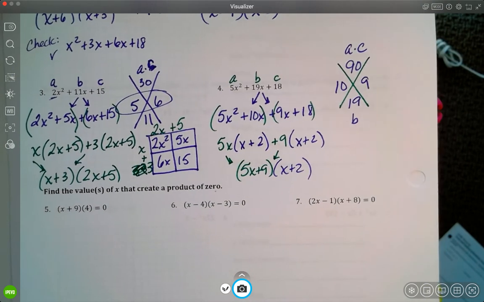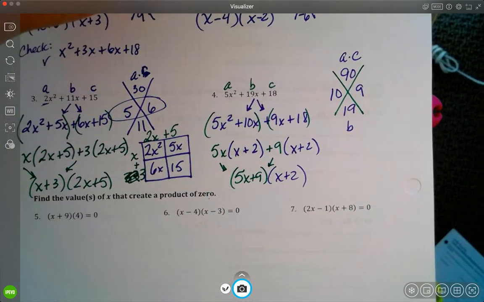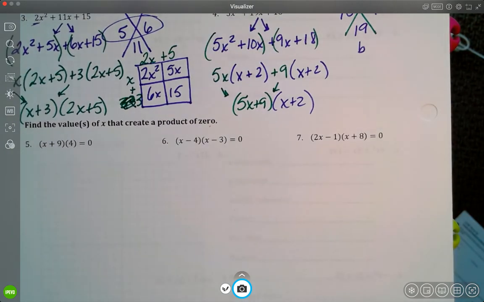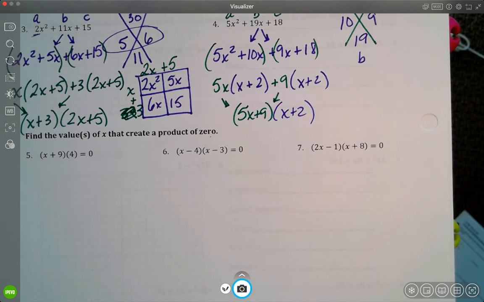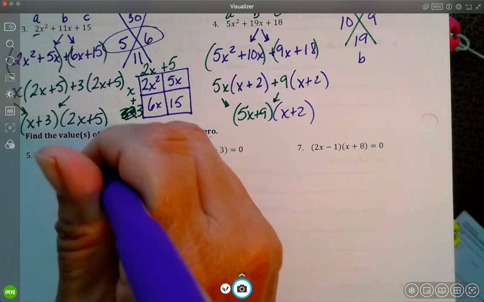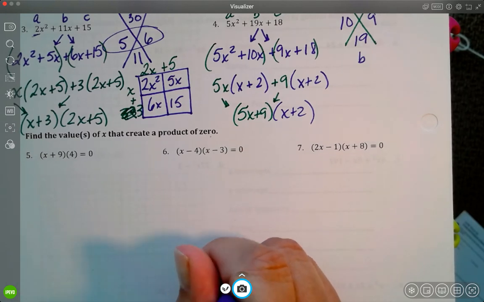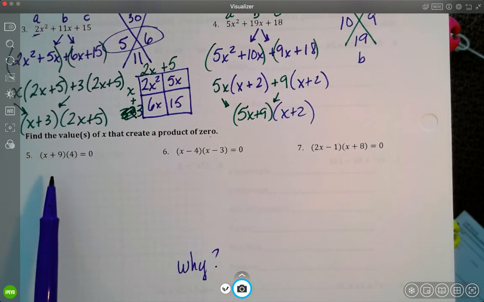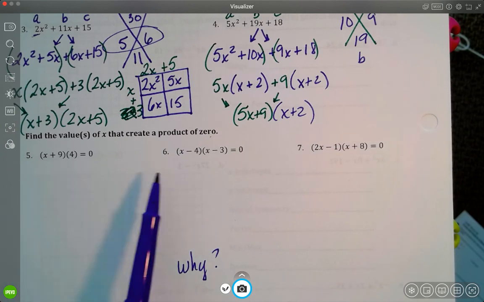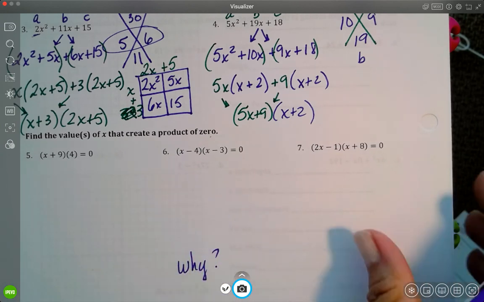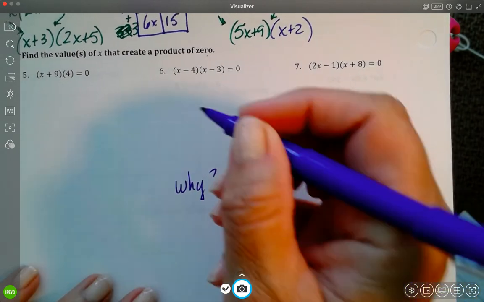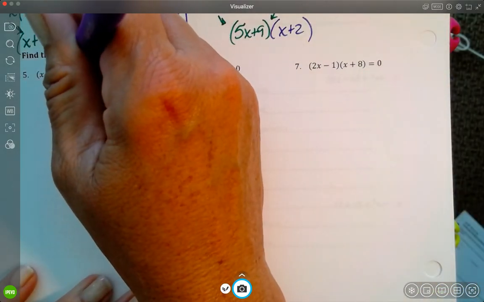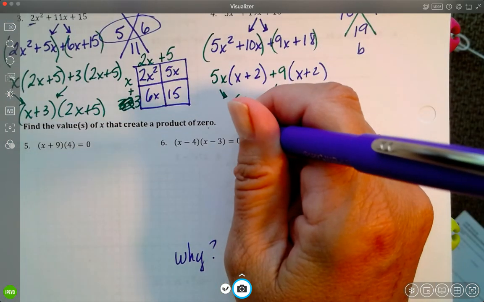Okay, so the instructions here on the warm-up say, find the value or values of x that create a product of 0. So why would you want to do this? Why would you want to know when this quadratic equals 0? Well, what happens when y is 0? It would normally be x minus 4 times x minus 3 equals y.